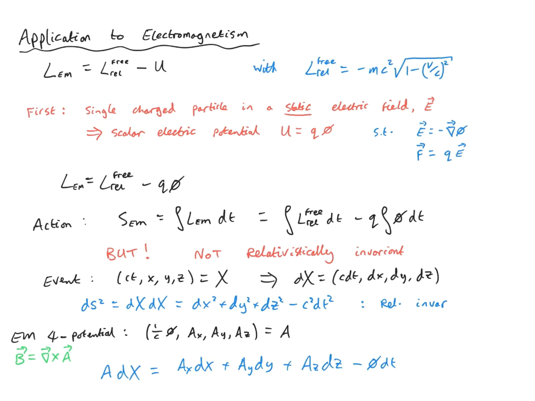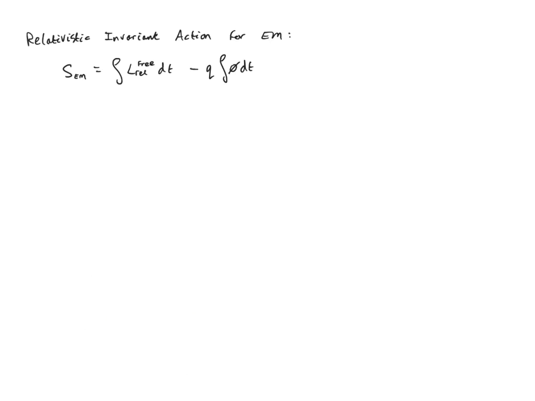And so let me just write that down. Our relativistic invariant action for electromagnetism would involve the part corresponding to the relativistic free particle. We have a piece corresponding, as we know it must, to the electrostatic potential.